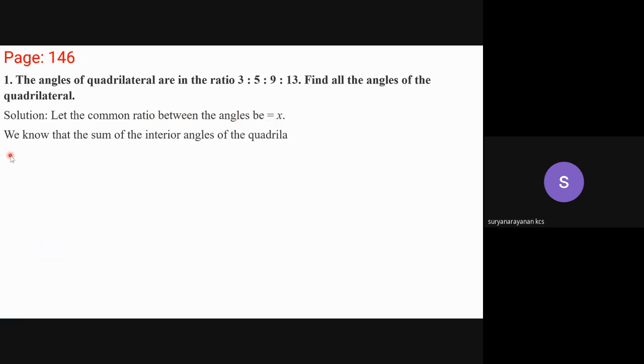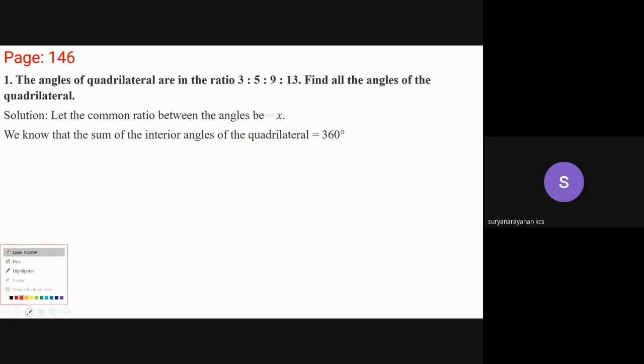Now we know the angle sum property of a quadrilateral. The sum of the interior angles of a quadrilateral is equal to 360 degrees. This is nothing but the angle sum property of a quadrilateral.